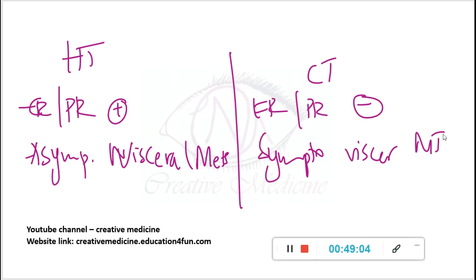In hormonal therapy, you will have bone and soft tissue metastasis, whereas chemotherapy is for hormone refractory cases. So the indications of hormone therapy are ER/PR positive, asymptomatic visceral metastasis, and soft tissue and bone metastasis. Chemotherapy is for ER/PR negative and symptomatic visceral metastasis with hormone refractory disease.